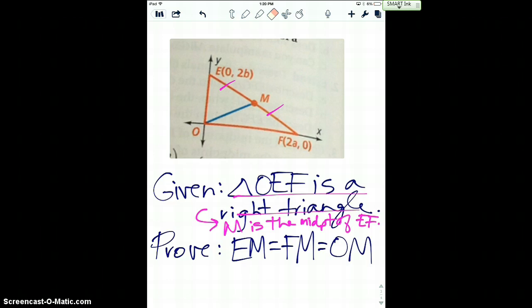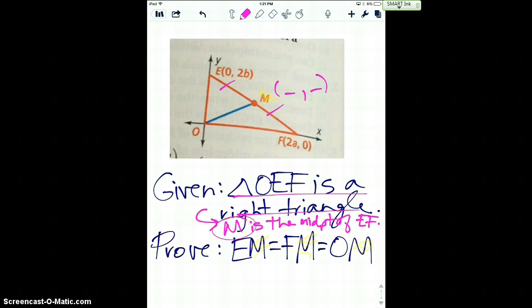Okay, so how the heck do we do it? Well, a good way to start this proof, since we're dealing a lot with M's, and I see that I don't have an ordered pair for M, would be to get that ordered pair for M. So what is M?